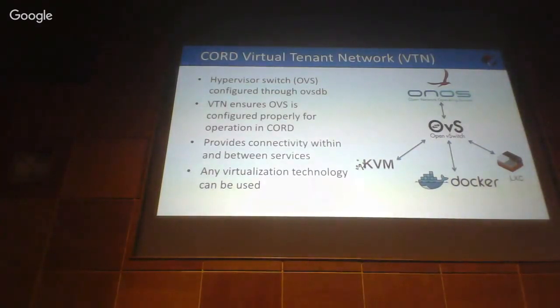So you give XOS a service graph, it takes all the edges of the service graph, creates connections between each service, and provisions the rules in OVS to realize that service chain, the service graph. Also, since it's OVS, as long as your virtualization technology has the notion of a port that is pluggable into OVS, you can use that in CORD.